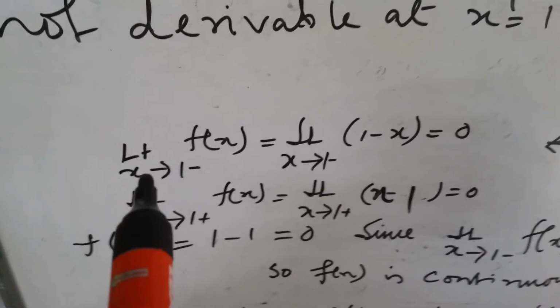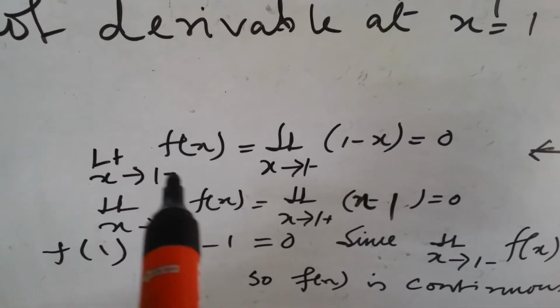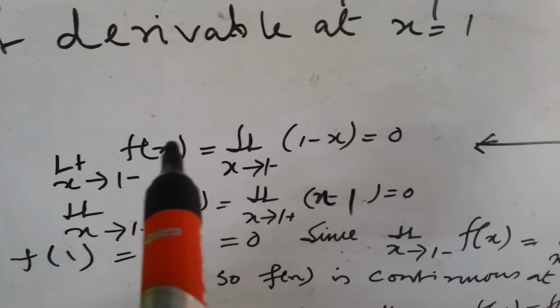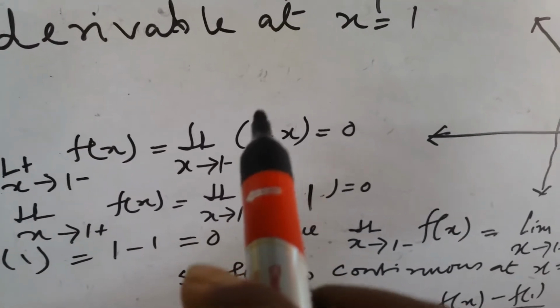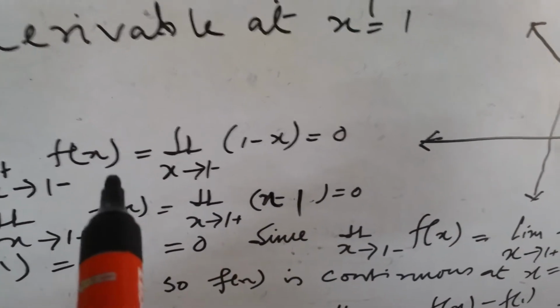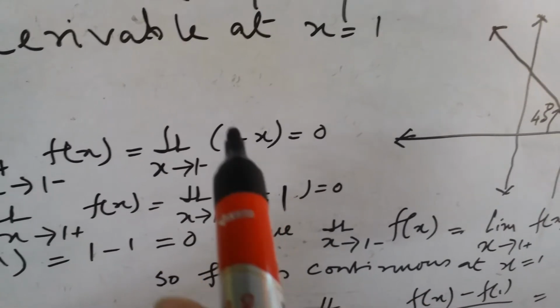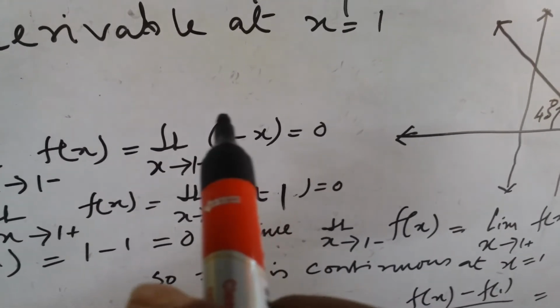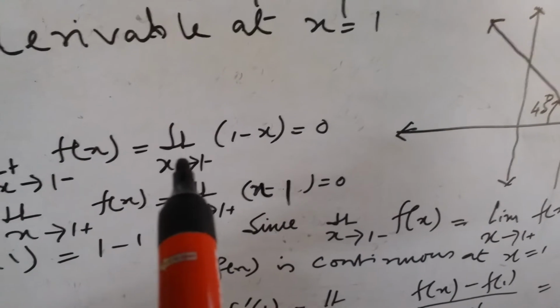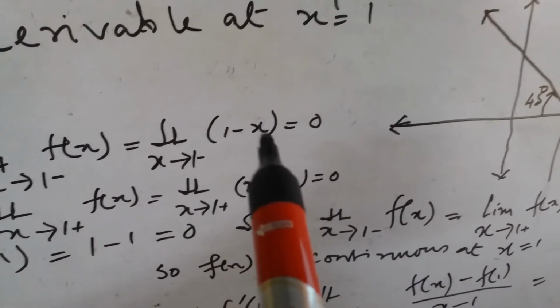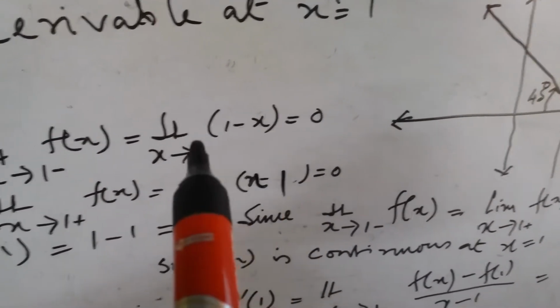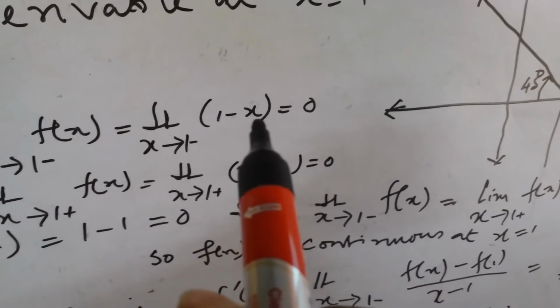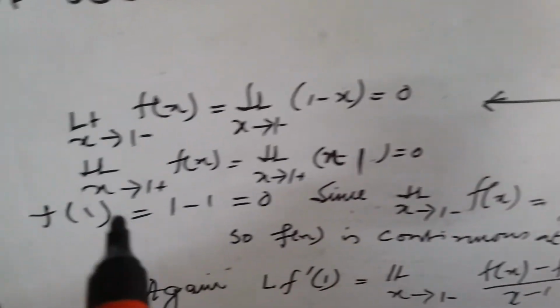The limit as x tends to 1 minus means the left hand limit. For the left hand limit we put mod x minus 1 value as 1 minus x, and x tends to 1 minus, putting 1 here, we get 0.